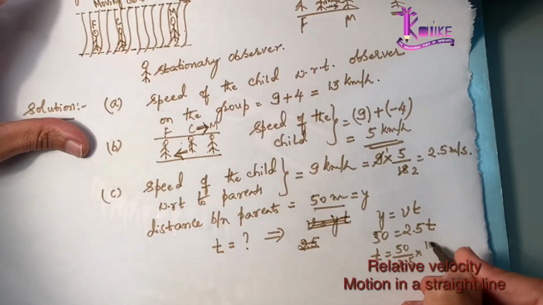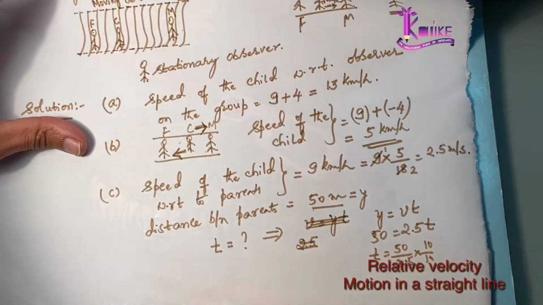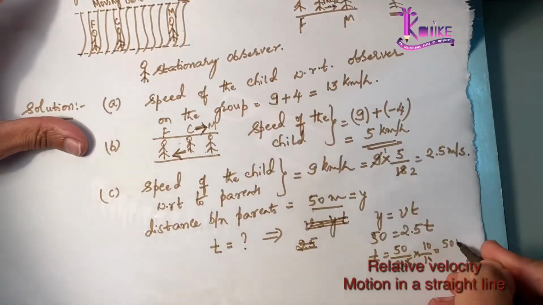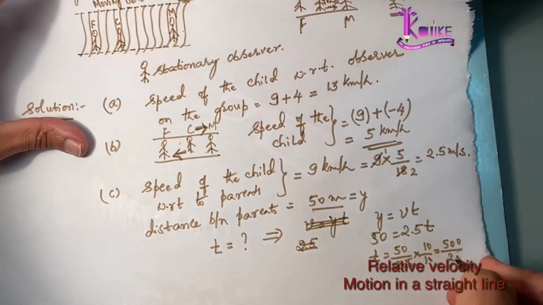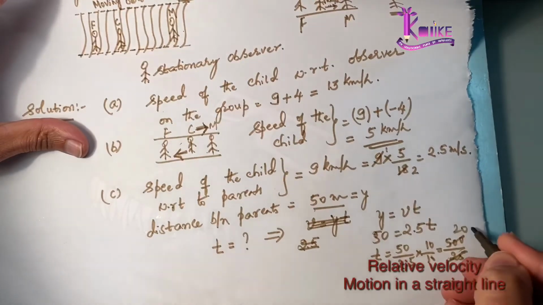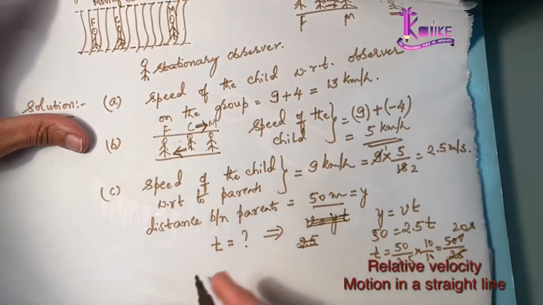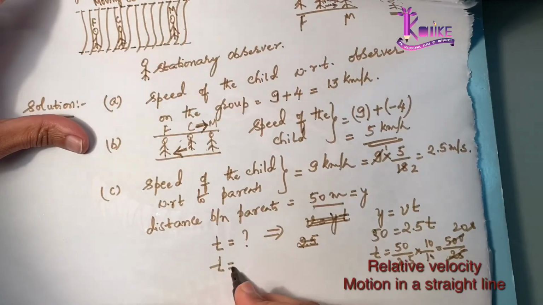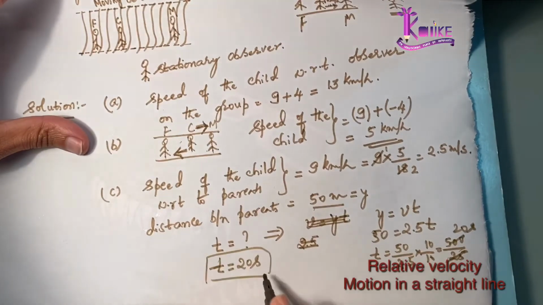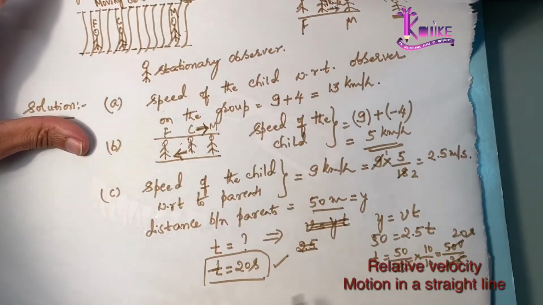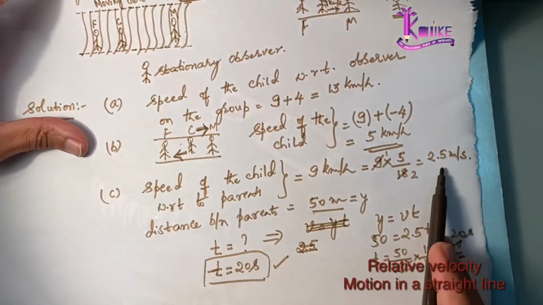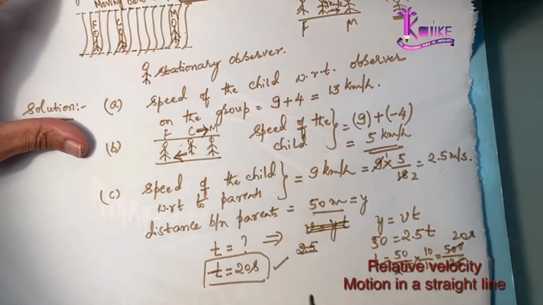If you multiply this by 10 by 10 to remove the decimal place, you get 500 divided by 25, which is 20 seconds. So the value of t is 20 seconds. According to the parents, the child takes 20 seconds to cover a distance of 50 meters, moving with a speed of 9 km per hour or 2.5 meters per second.